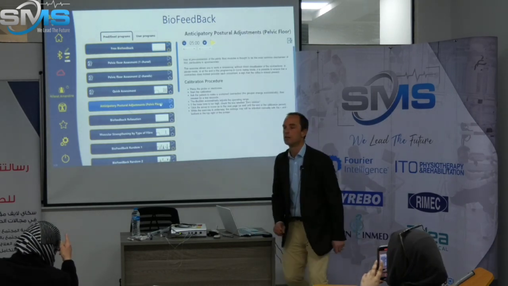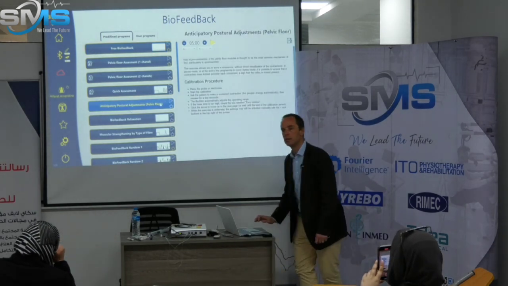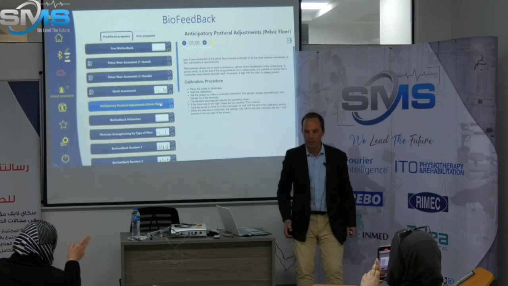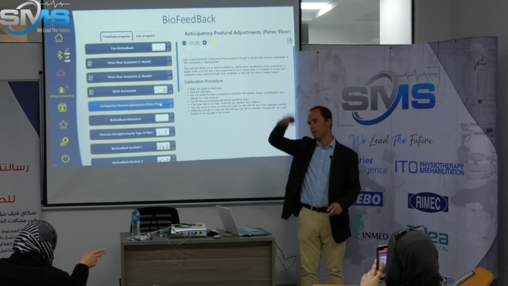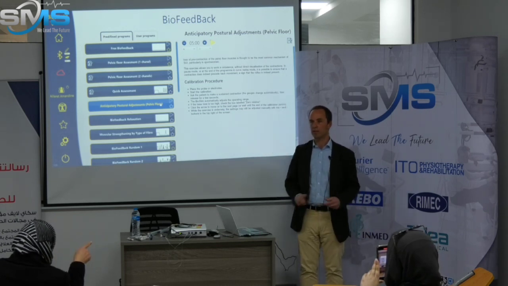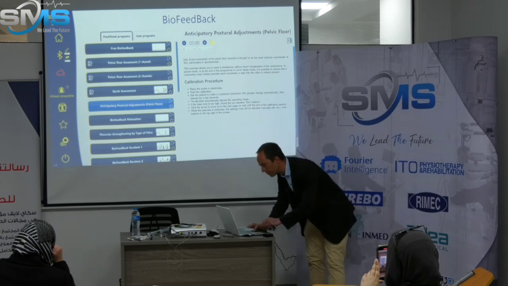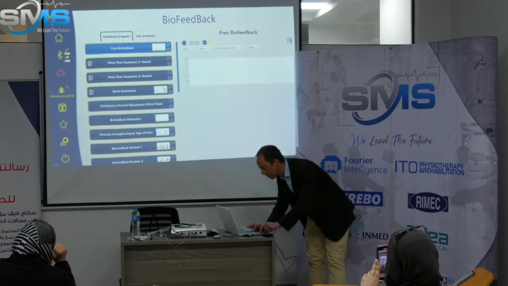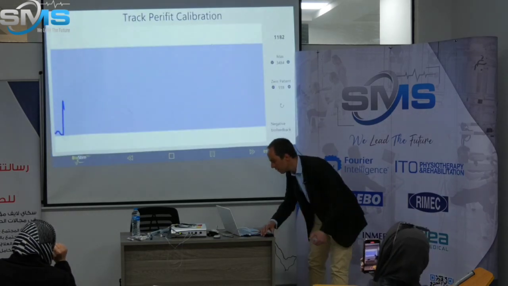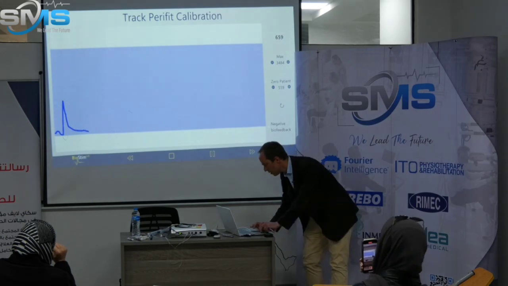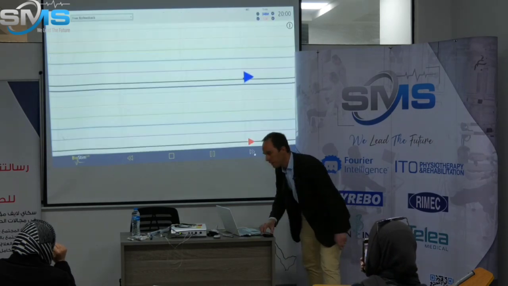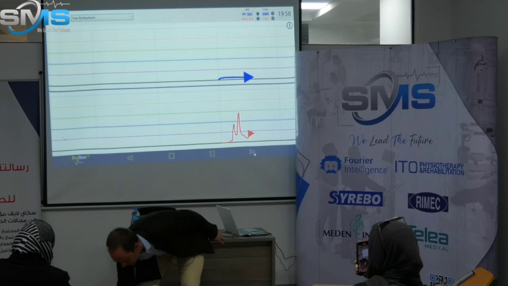The red was the movement. When moving, you see the red going up. When standing, the red is down. Let me show you again. Imagine this is on my plate here.